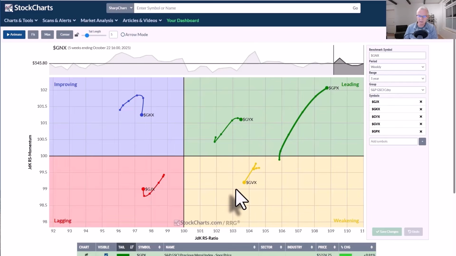And then we've got GVX inside the weakening quadrant. That is livestock. That is still definitely a relative uptrend, but it's losing a bit of momentum. So because of the strong trend, also if you look at the price chart, we're keeping this as an outperformer. So GYX, GPX, and GVX are clear outperformers.